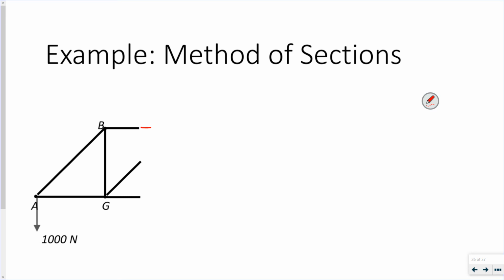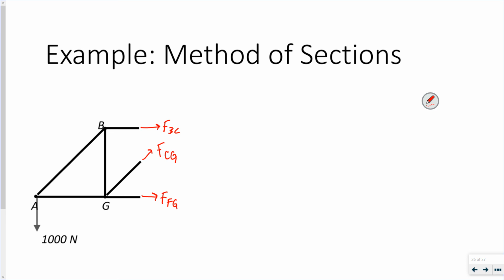I have a force in member BC, with C way out here, and the one right here is F. So force in BC, force in CG, and a force in FG.